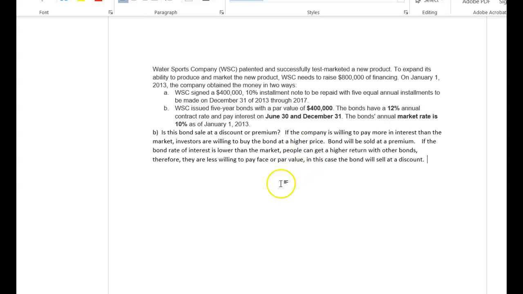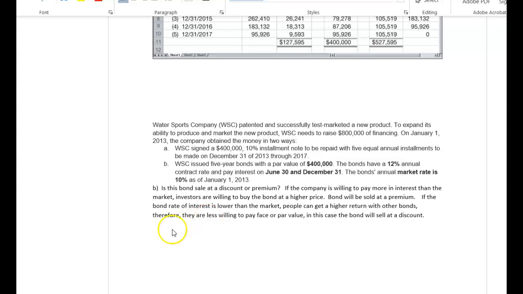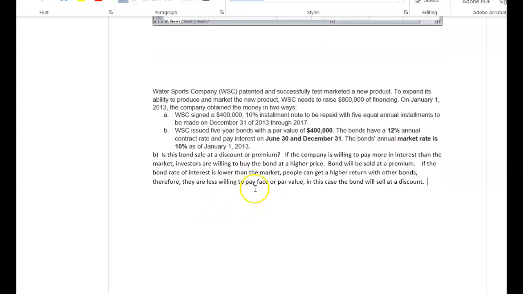That's the first thing. Think about this for a second, and then we're going to proceed a little further to go into the details of how to calculate all of this. Now we know that in this particular example, the bond will be sold at a premium. Very important. Why? Because the amount of interest that's going to be paid to the bondholders is higher than the market.